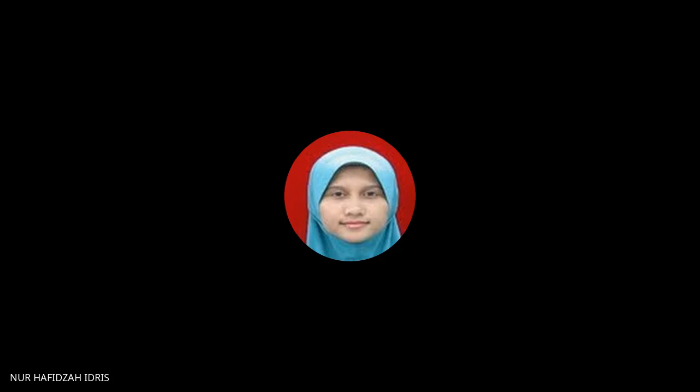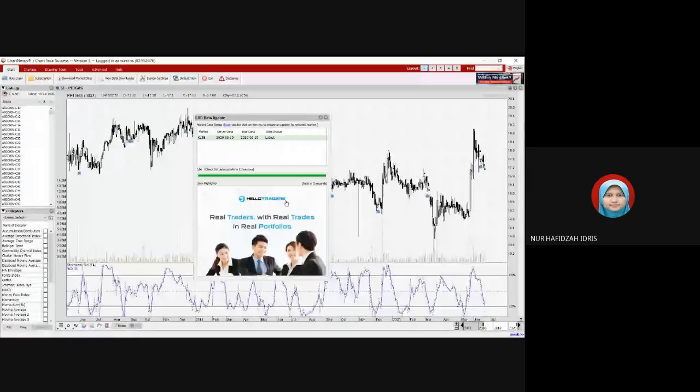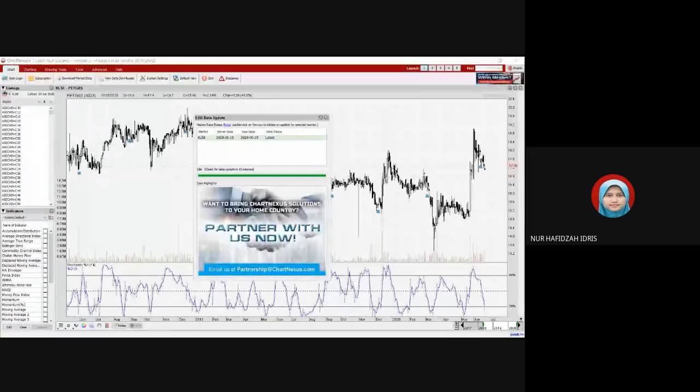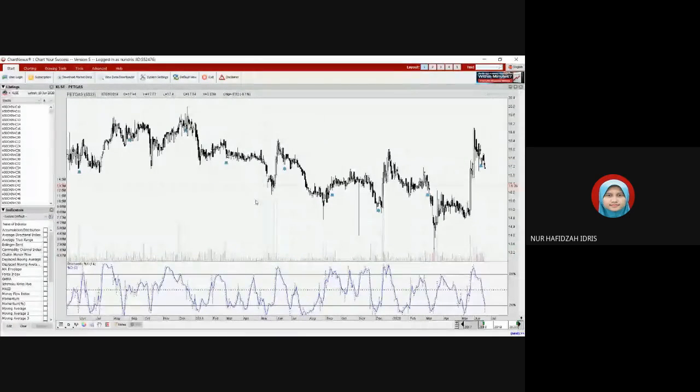Okay, so kita tengok. I nak tunjuk dekat you contoh divergent. Okay, now kita pergi dekat Petronas Chemicals. Okay, so ini adalah Petronas Chemicals. Okay. Number one, you nak tengok pasal apa?